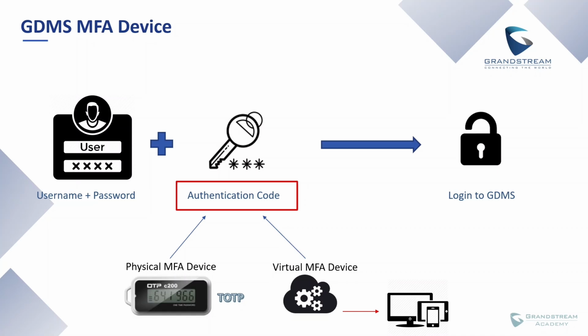Or you can use a physical multi-factor authentication device that can work with the GDMS by generating a 6-digit code as well, based on a one-time time-synchronized cryptographic algorithm. Users can use any device supporting TOTP, time-based one-time password, and we recommend using OTP dongles made by Microcosm Limited for the highest level of security.